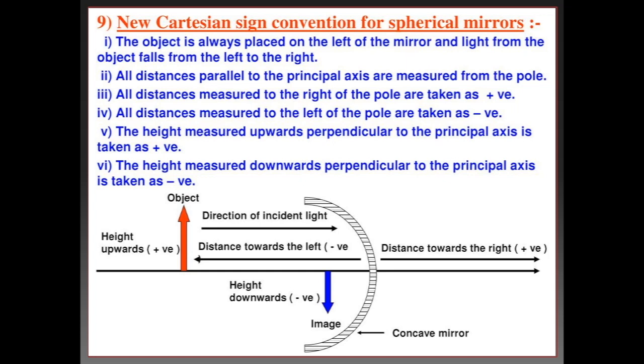All the distances parallel to the principal axis are measured from the pole, and distances measured to the right of the pole are taken as positive. Distances measured to the left of the pole are taken as negative. The height measured upwards perpendicular to the principal axis is taken as positive, and the height measured downward perpendicular to the principal axis is taken as negative.